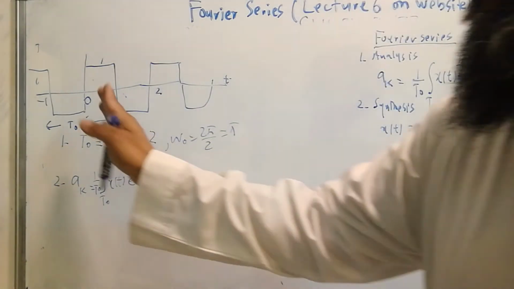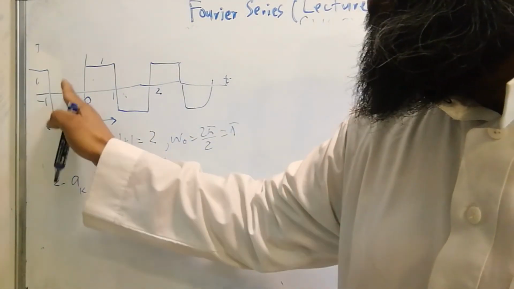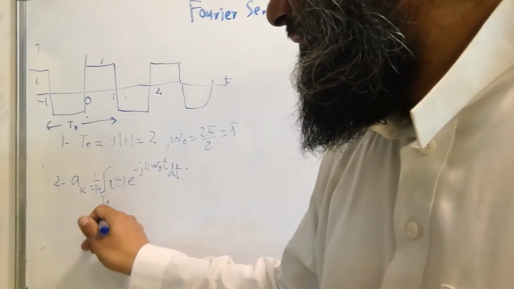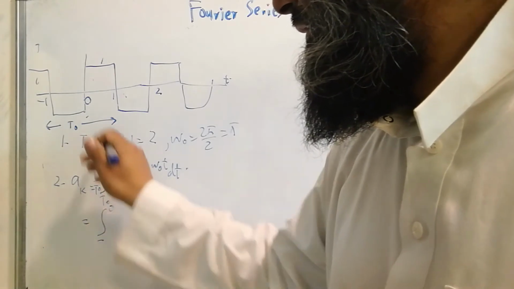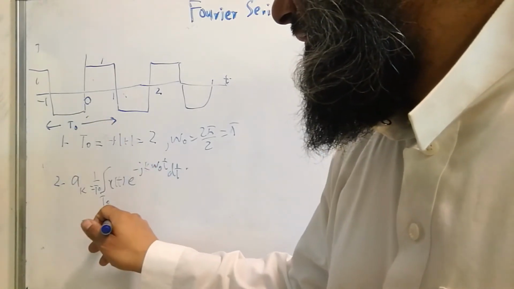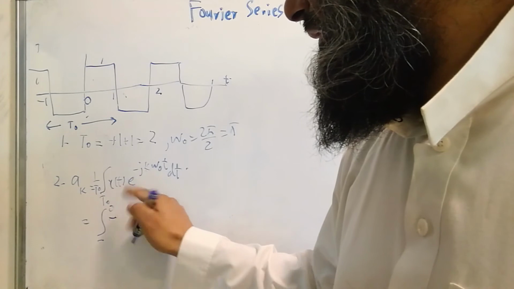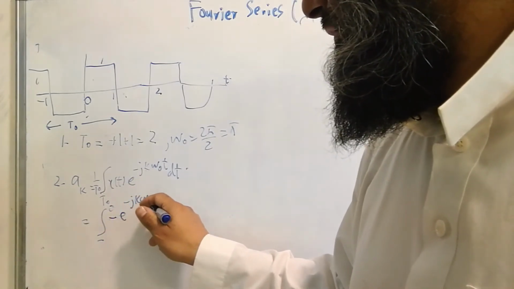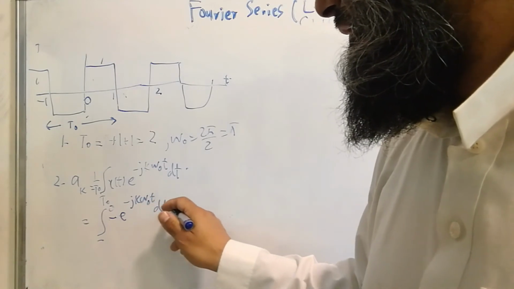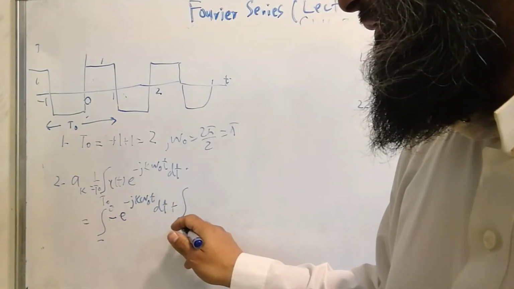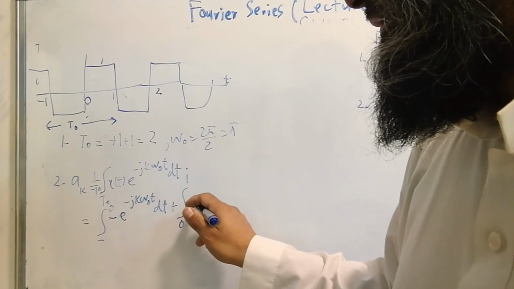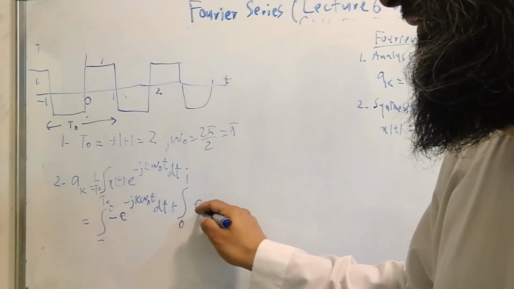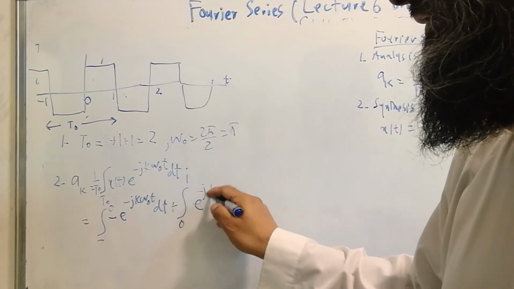So there will be 2 integrals. The first one is from -1 to 0, and it is negative, with e raised to the power minus j k omega naught t dt, plus the integral from 0 to 1, where the function is 1, so it will be just e raised to the power minus j k omega naught t dt.